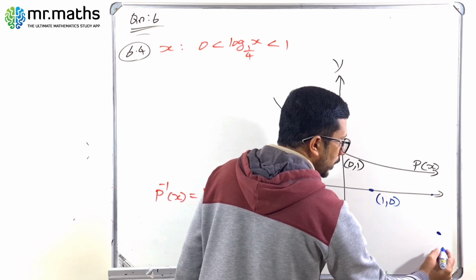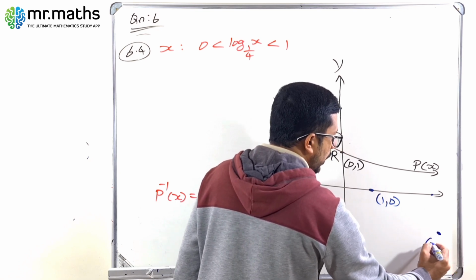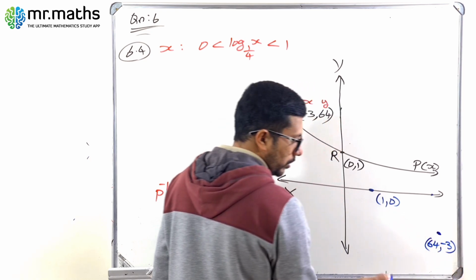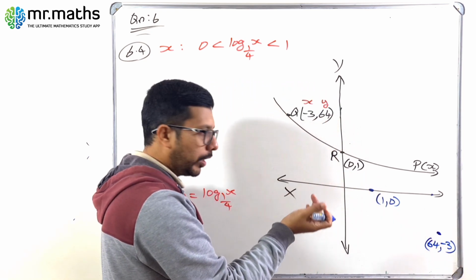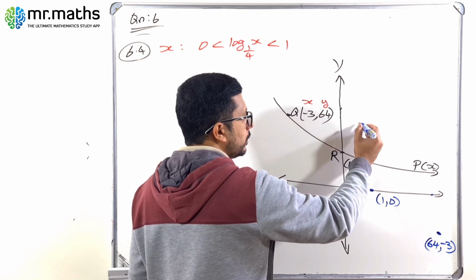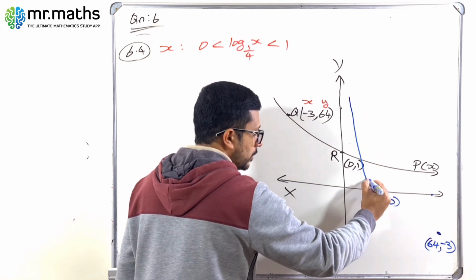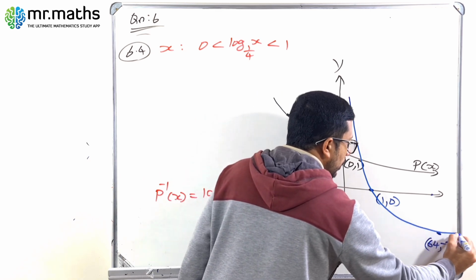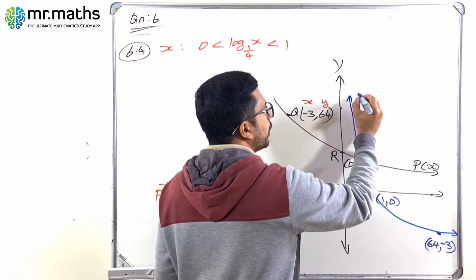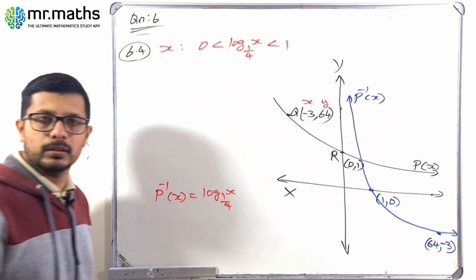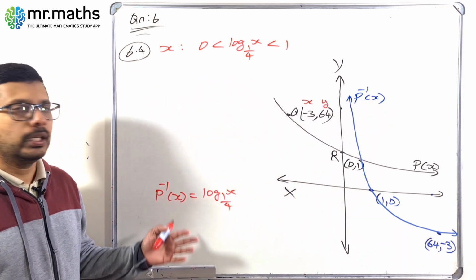Let's assume that that point has x value 64 and y value minus 3. Can you see that I swapped x and y? Now let's draw a line through those two points, and this one is our p inverse of x graph. I tried to draw the inverse graph.